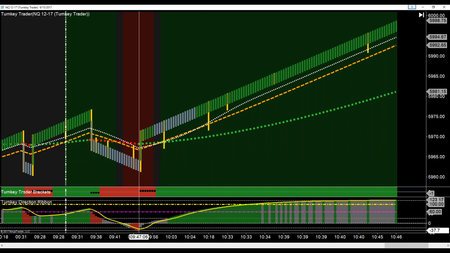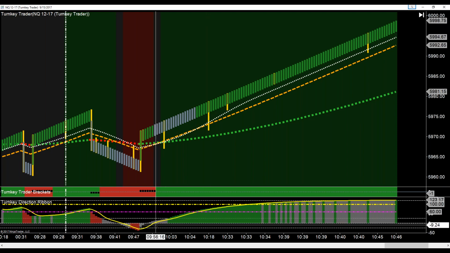So it actually checks for this yellow line to come from extremes. The NQ, a trend trade at 918.